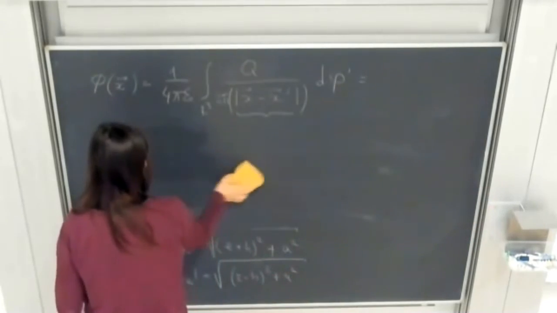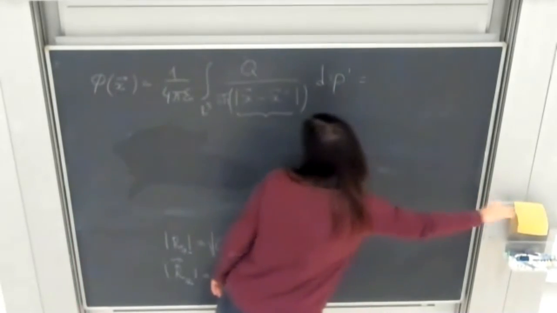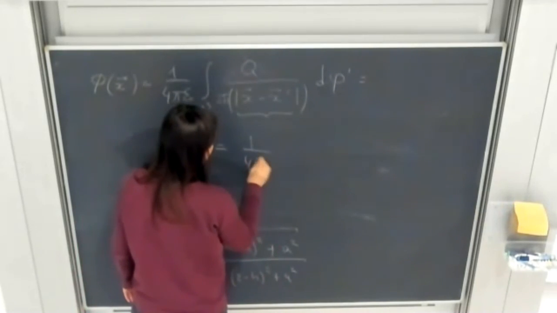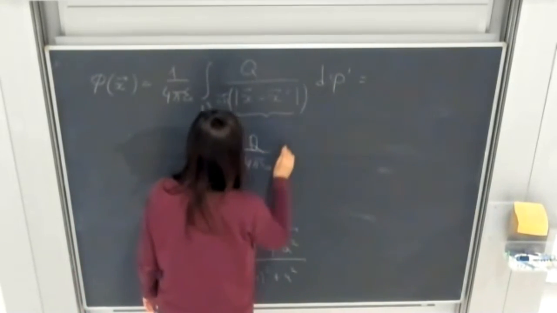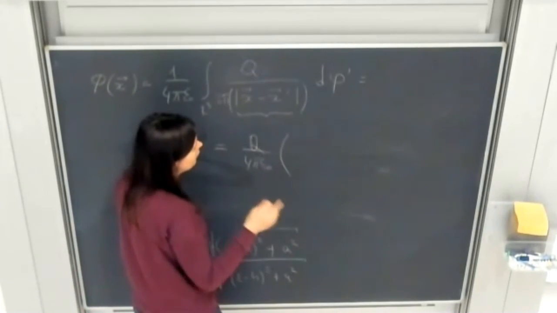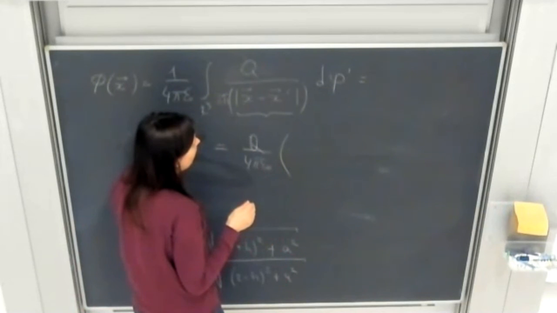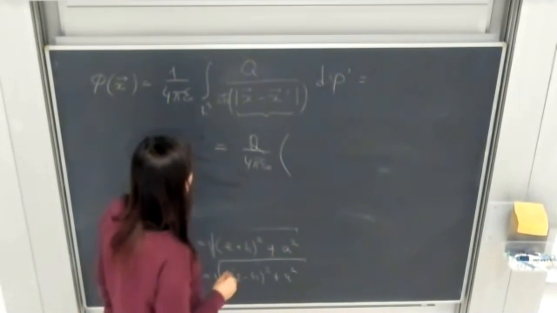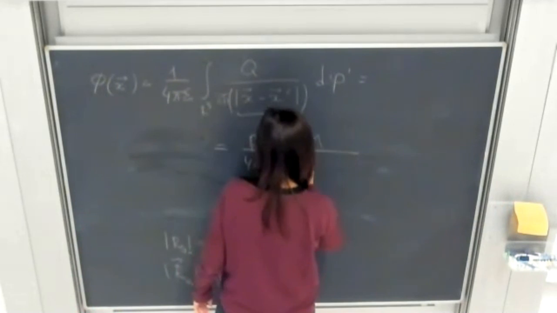So now for both rings, since it's d phi along the circle, 2 pi will be gone, and then only R is left.